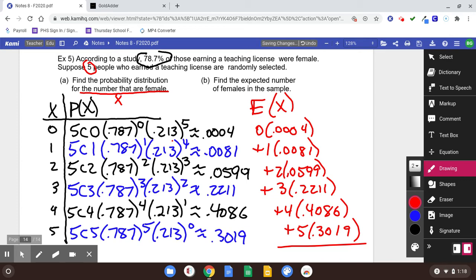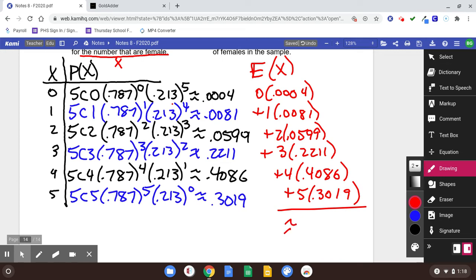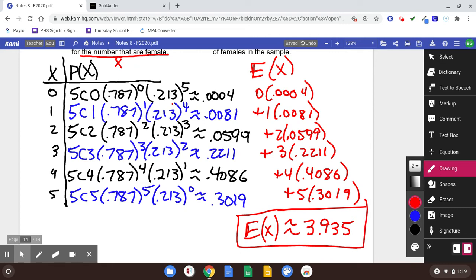Multiply and add, and we get approximately 3.935. That's the expected value, or the expected number of females out of 5 selected. We'd expect 3.935 females out of the 5.